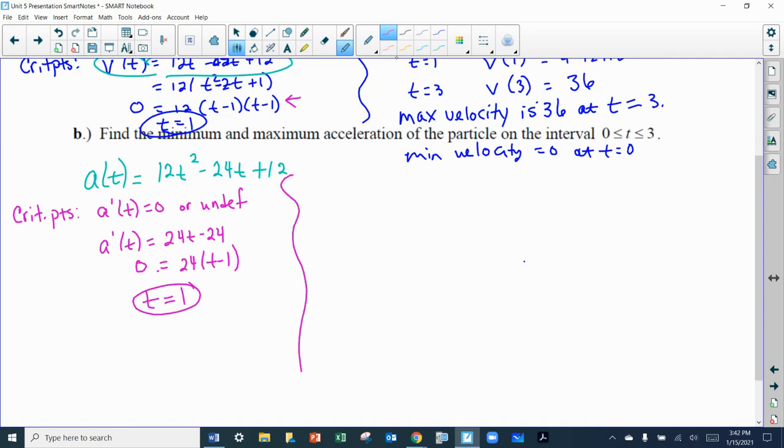Guess what next? You probably know. Let's do a candidates list. You have done enough problems here today that you ought to have this down. t equals endpoint, t equals other endpoint, t equals critical values. Where are we taking this back to? Well, we want to know the max and min of acceleration, so it goes back into the acceleration function.